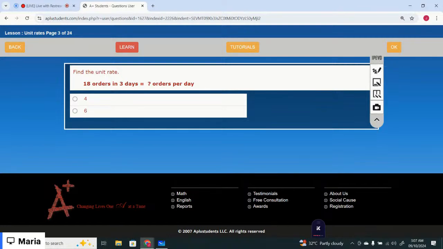Find the unit rate 18 orders in 3 days. So which is the correct option?